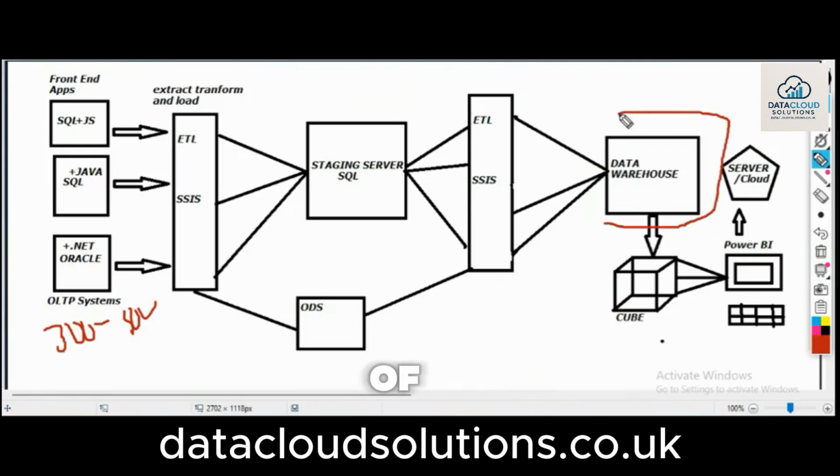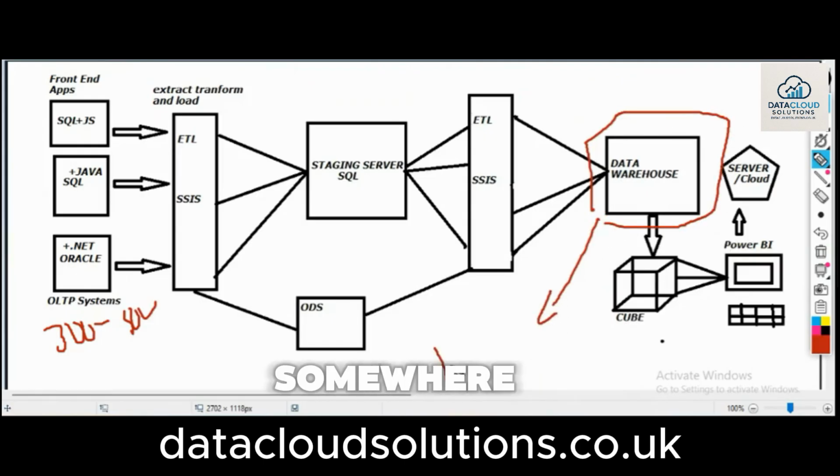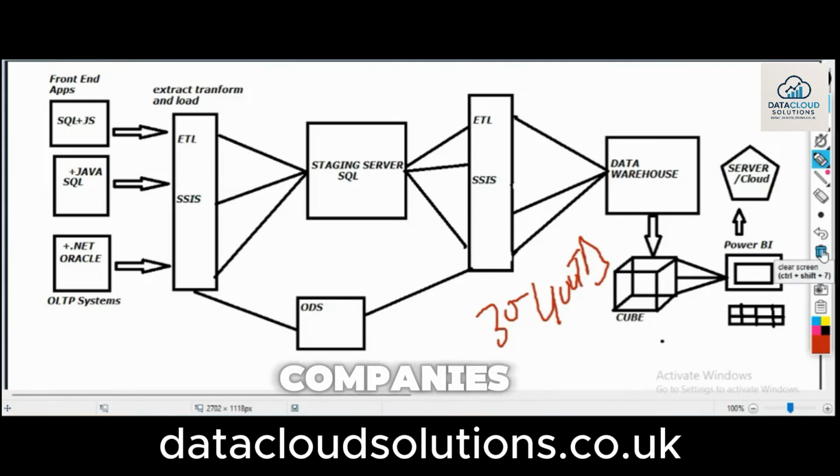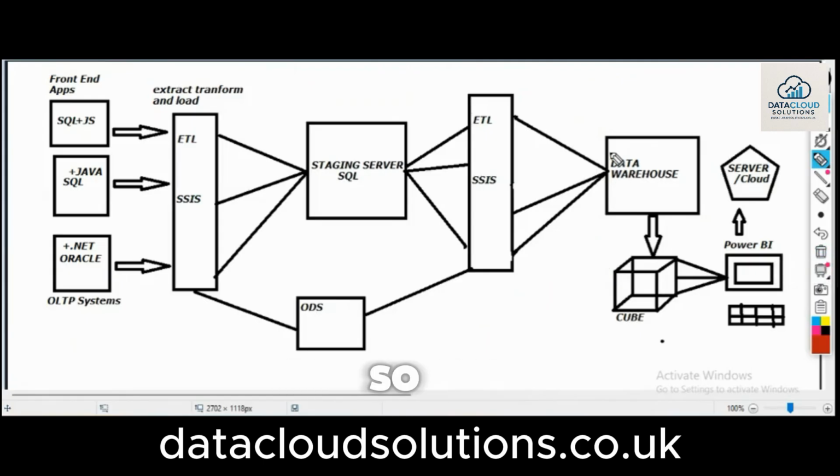But the storage of a data warehouse can range from 1 TB to 10 TB for small to medium scale businesses, or 300 to 400 TB for big companies. So this is a huge database. It has billions of rows inside it.